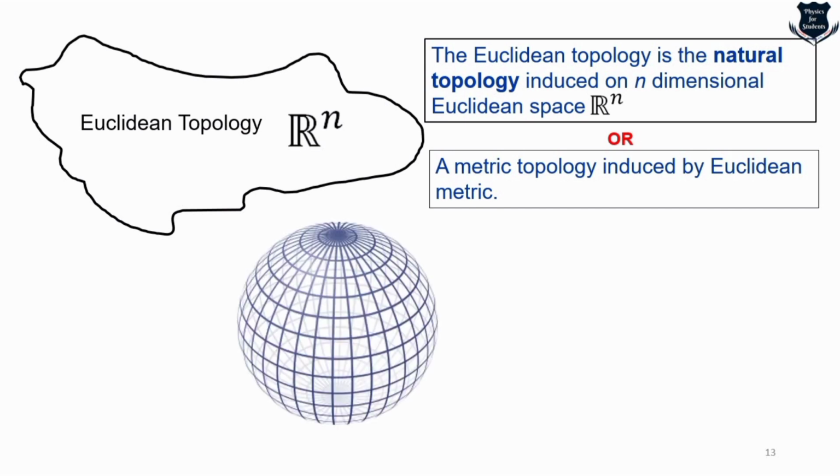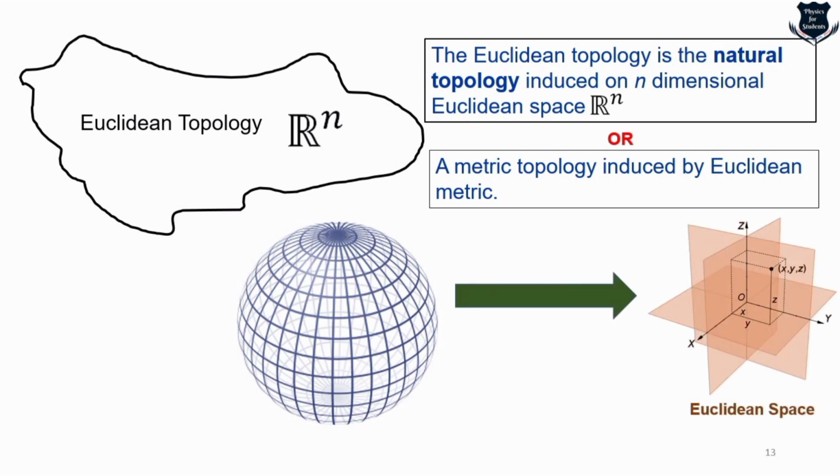Now first of all, for example, this is a sphere. In any domain of mathematics, a space has a natural topology, I mean one which grows naturally. So the natural topology is a topology which makes a natural map or collection of maps. Here is a two-dimensional sphere, for example, and it is usually considered as a subspace of three-dimensional Euclidean space, right?